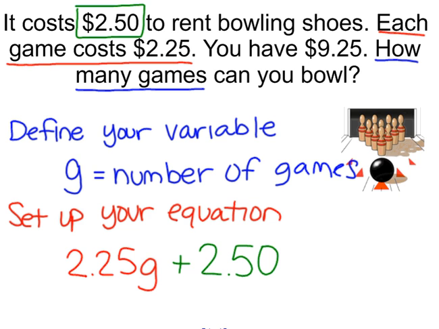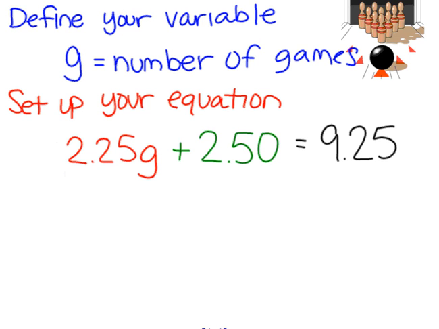So altogether, that's going to add up to equal $9.25. Okay, so again, the coefficient is what you're spending per game, and your constant is your one-time or your flat fee. All right, now we have a two-step equation, and we can solve it just like before.